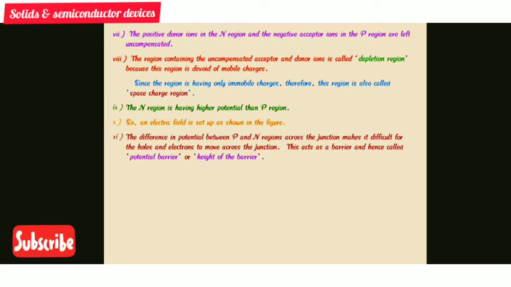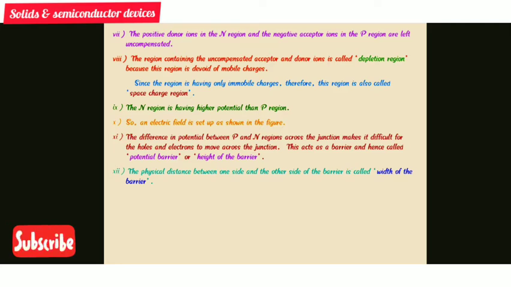Eleventh, the potential difference between the p and n regions across the junction makes it difficult for the holes and electrons to move across the junction. This acts as a barrier and hence is called the potential barrier or height of the barrier.